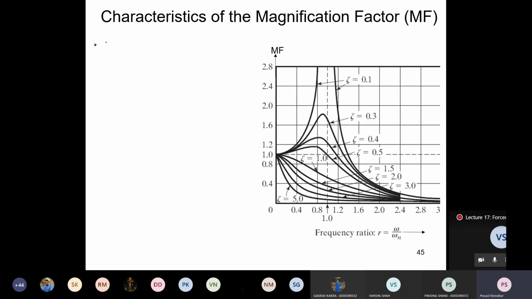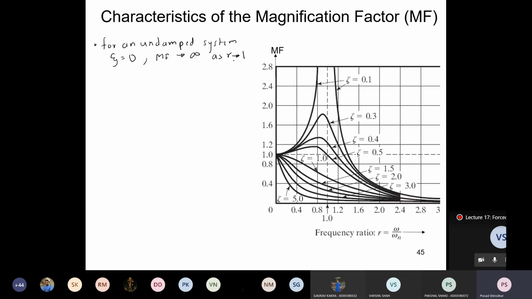Okay. So first point, for an undamped system, all of you please pay attention to all this discussion. There is going to be a quiz at the end of this discussion. Okay, so for an undamped system, zeta is equal to 0. So when zeta is equal to 0, magnification factor goes to infinity, right, as r tends to 1.